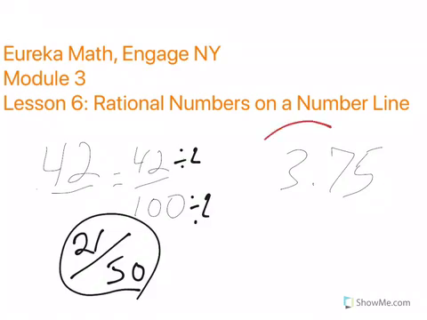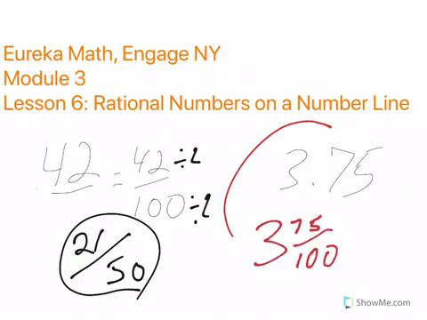On this side over here, we can look at this as 3 and 75 hundredths, because we have a whole number. And that would be our answer, except we can still simplify this because those are both divisible by 25. When it comes to 75, 50, 25, and 100, I always think of quarters.